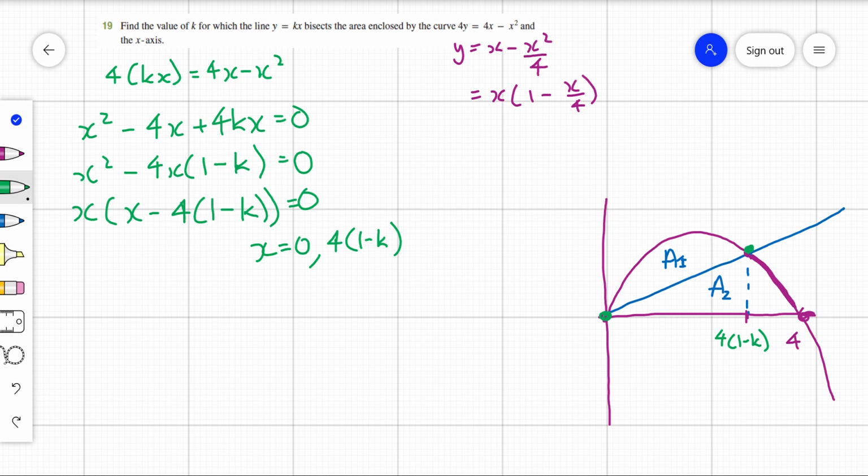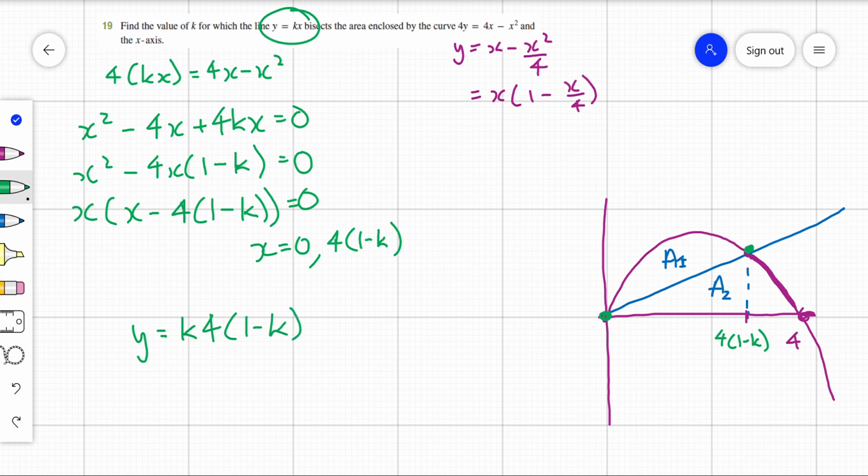Alright, so now if I wanted to find A2 using the triangle plus the other area, I would need to know the height there. So why don't I just sub that in and find the height while I'm there. So sub that into y, so y is the height, where x is 4 times 1 minus k, and you can see it's 4k, 1 minus k.